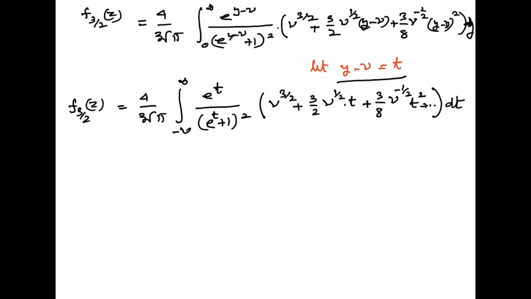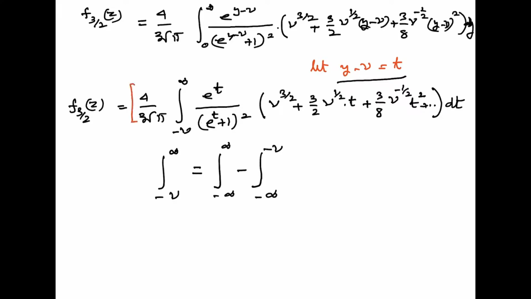We can further write the limits of integration, as we have from minus nu to infinity, that can be written as minus infinity to plus infinity minus the integral from minus infinity to minus nu.